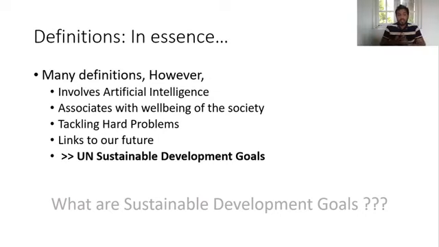It also links to the future, where you talk about how we can sustain ourselves for the future with these solutions. And all of these things link to another framework that we have already established about working for the future with societal good, which is the United Nations Sustainable Development Goals. So now let's look at what the United Nations Sustainable Development Goals are.